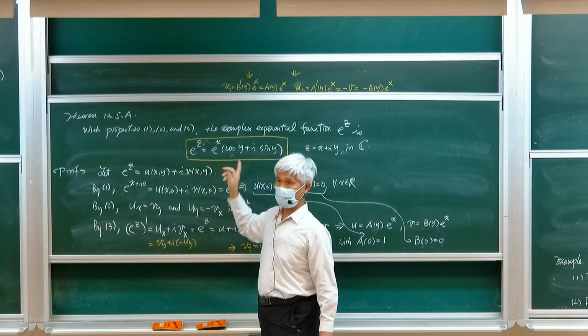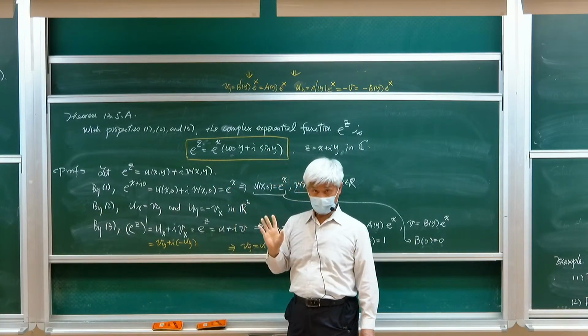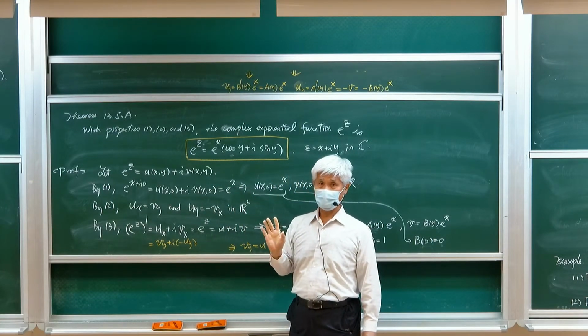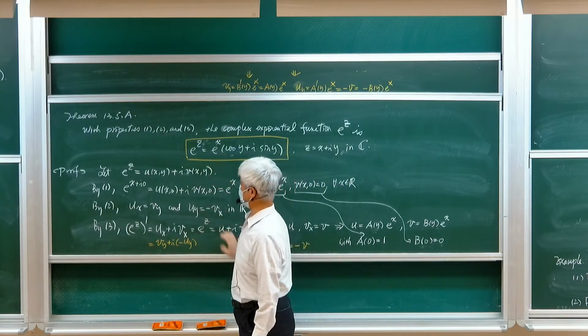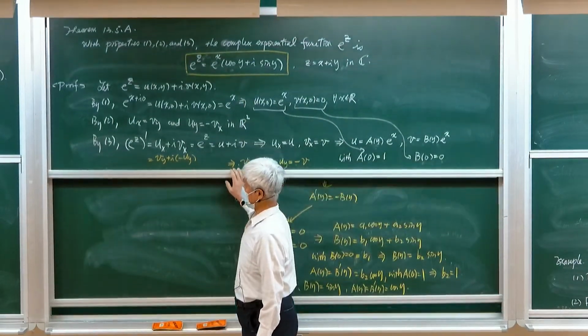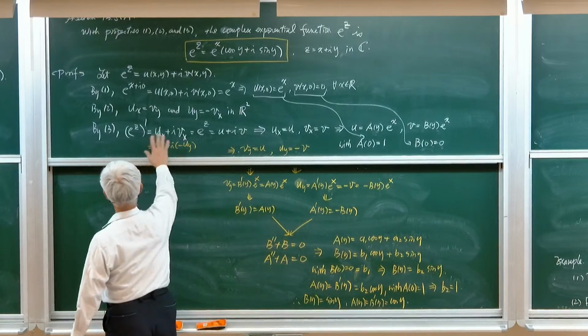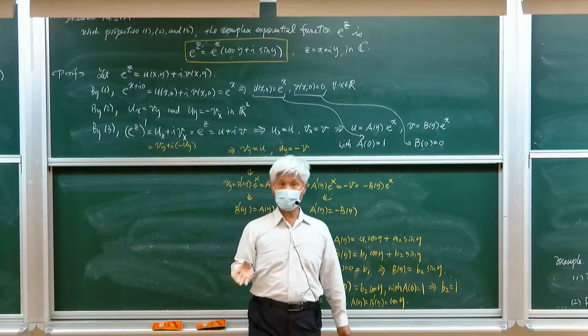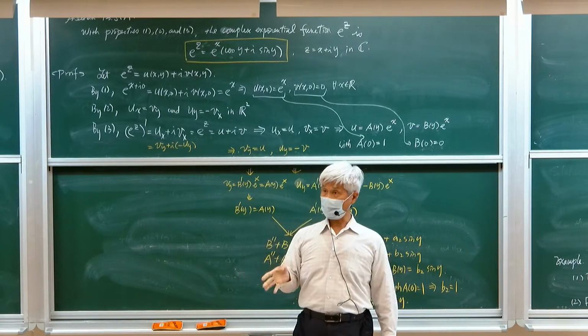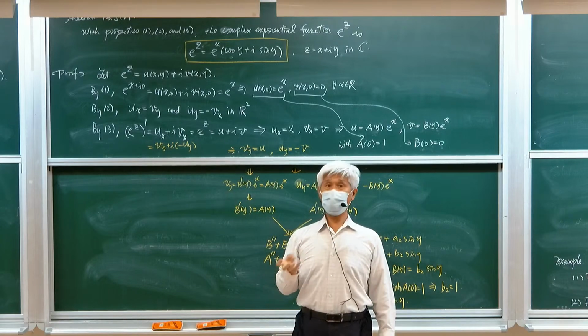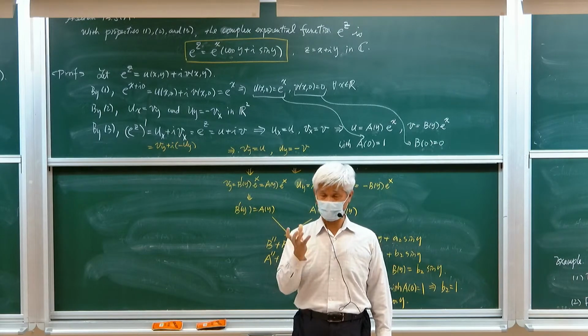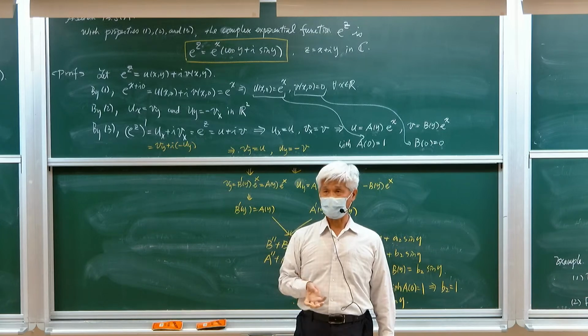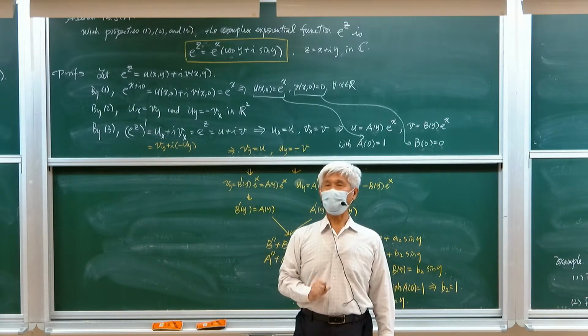So there are no other possibilities. It must be this function. You can see, again, the proof is also an application of the Cauchy-Riemann equations. So the Cauchy-Riemann equation is very important and very fundamental in complex analysis. All right, so I stop here.